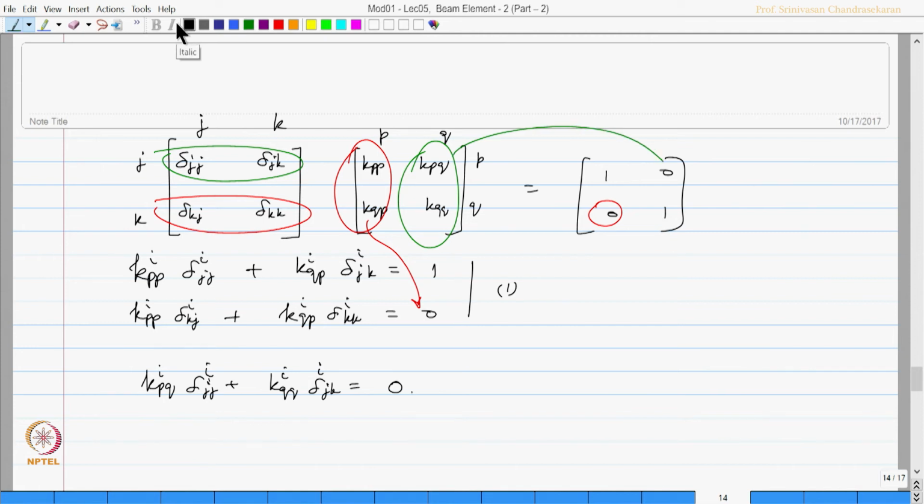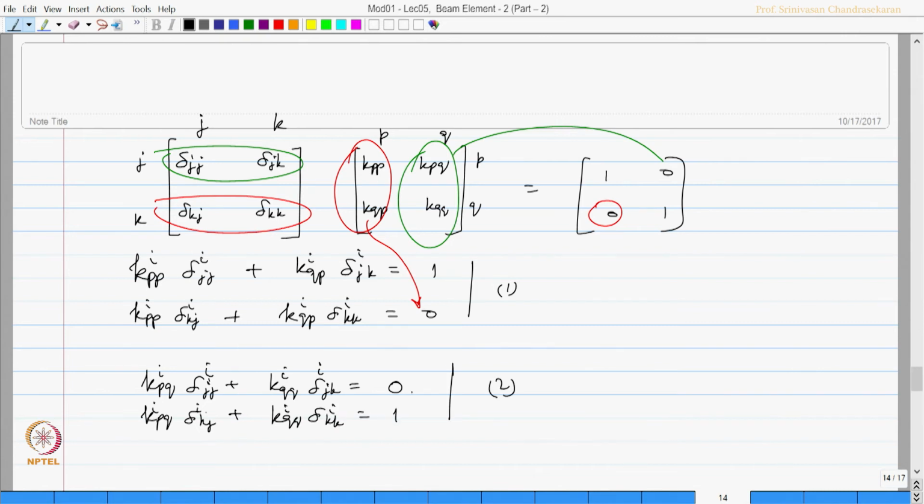Then Kpq delta kj plus Kqq delta kk is 1.